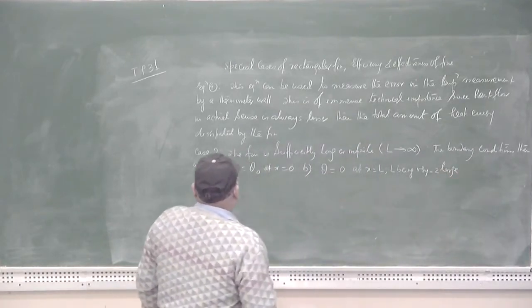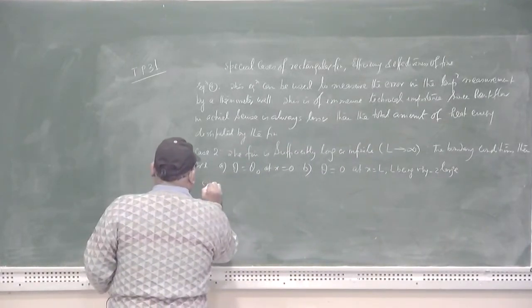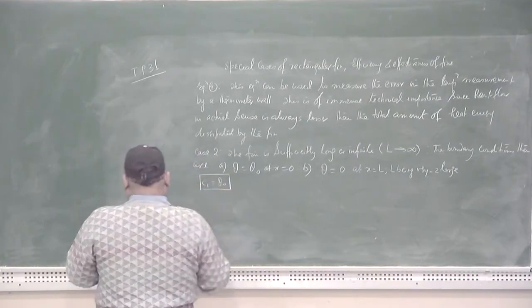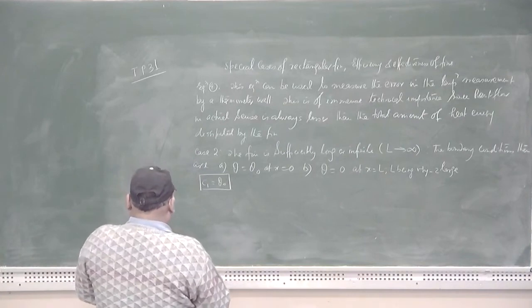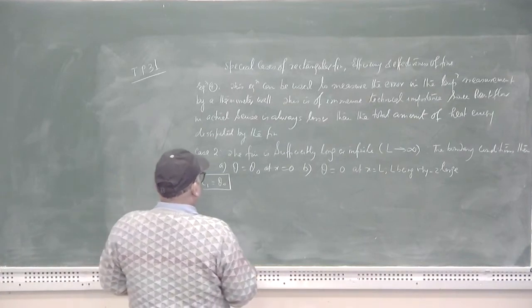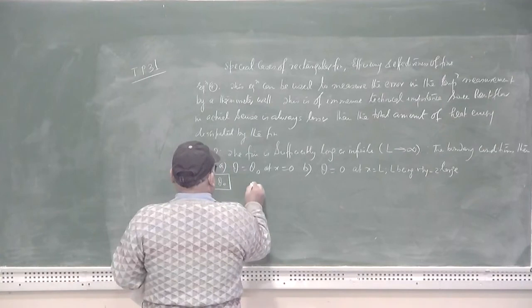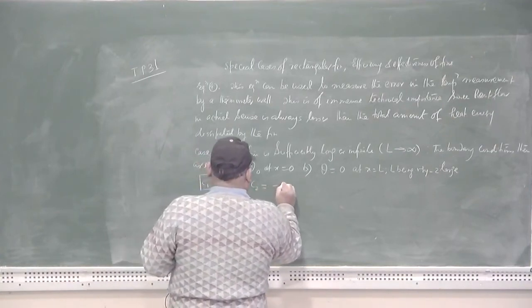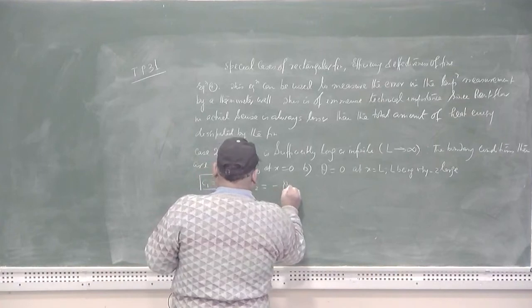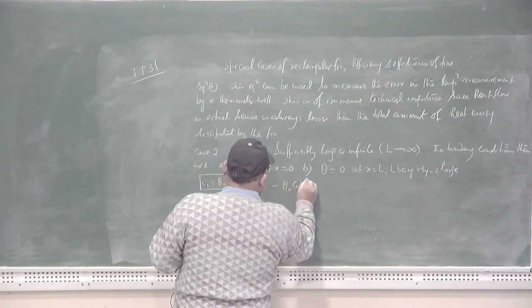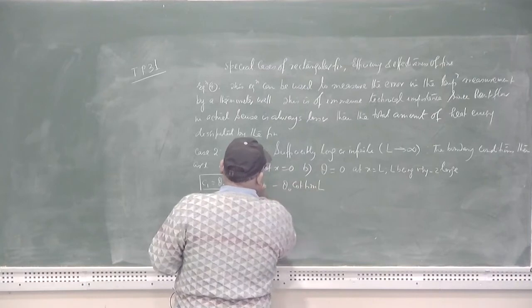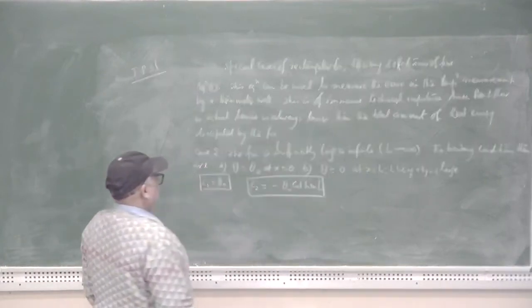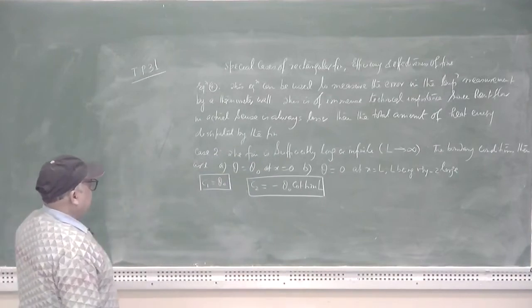So, as usual, the value of C1 will come as theta naught as previous. So, C1 equal to theta naught, and C2 you can arrive here, that is equal to minus theta 0 cot hmL. Try to evaluate this yourself. You can easily arrive at C2 equal to minus theta 0 cot hmL.